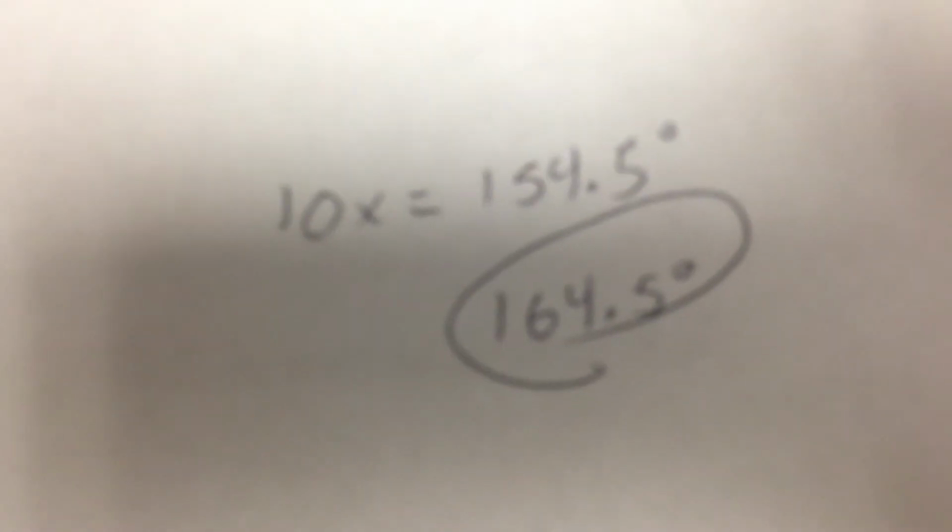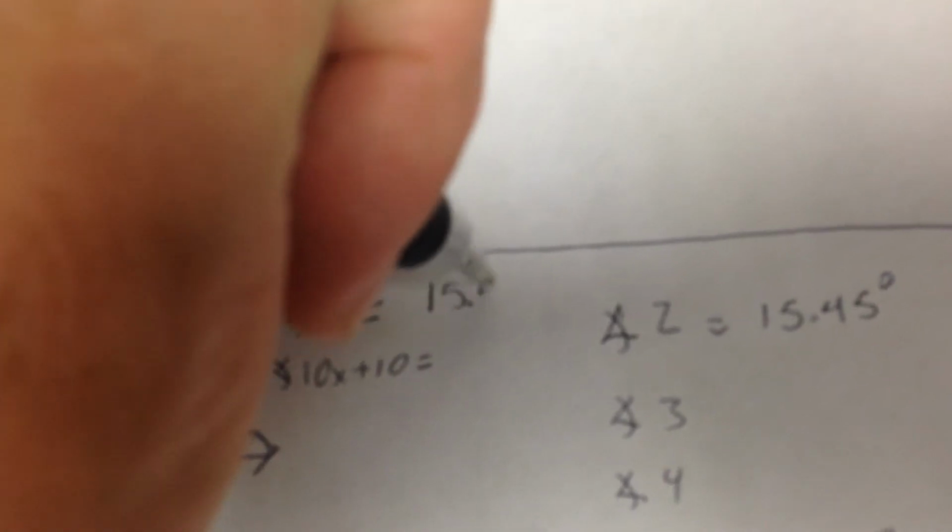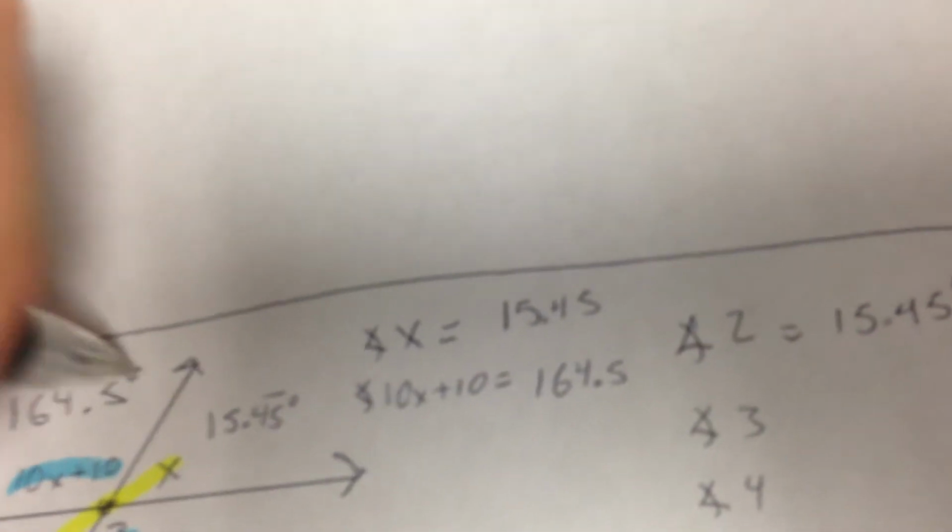So now we know our 10x plus 10 angle is 164.5 degrees. So then, same as before, we know the vertical angle 3 is equal, 164.5.